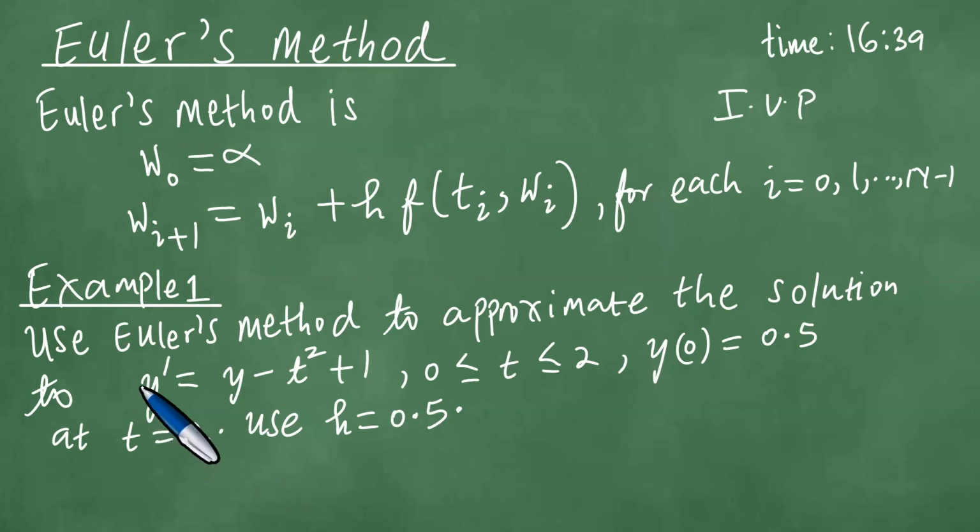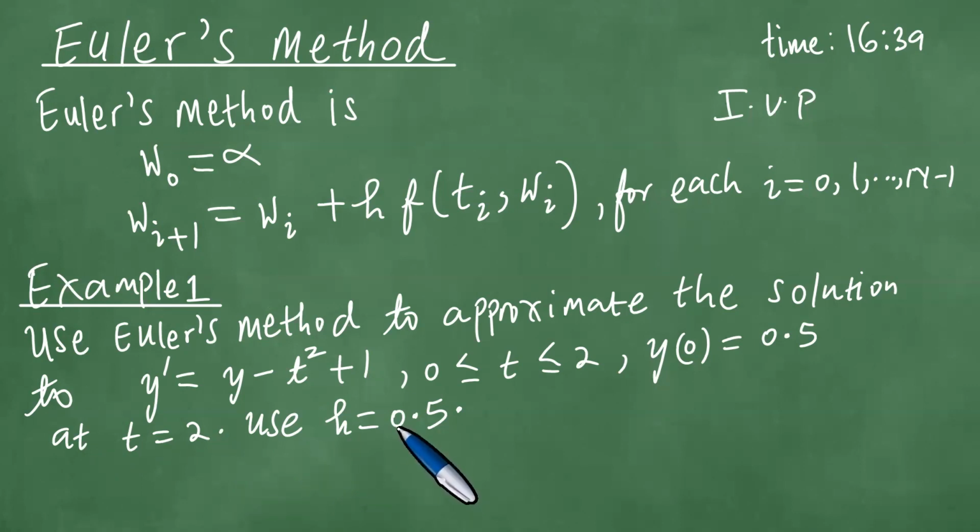Use Euler's method to approximate the solution to y prime equals y minus t squared plus 1, where t lies between 0 and 2 inclusive, and y at 0 is 0.5. Use h equals 0.5.